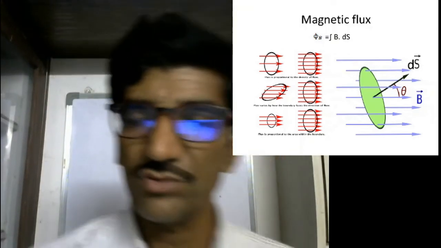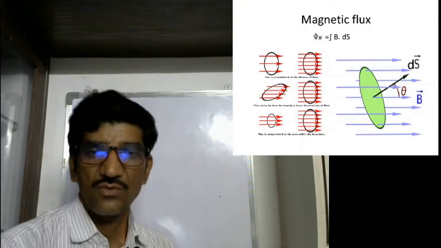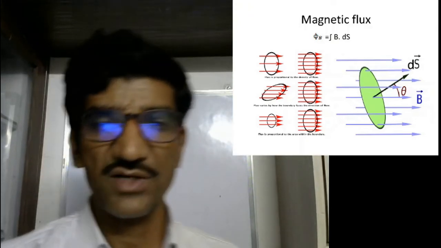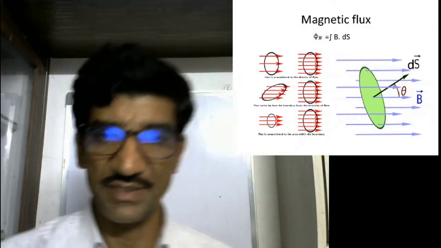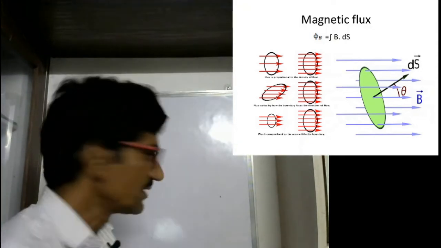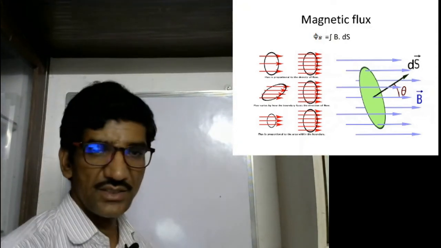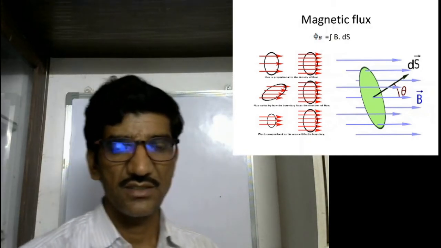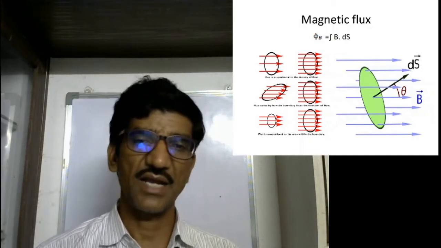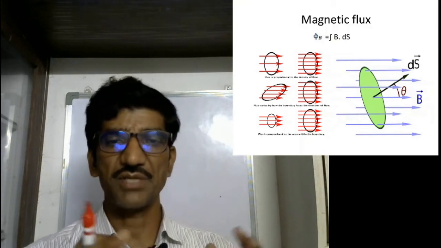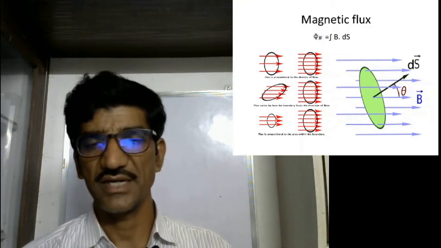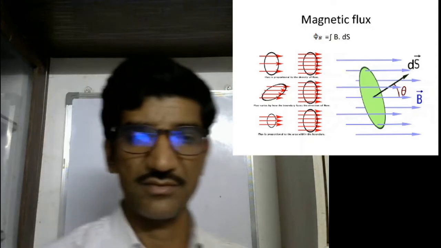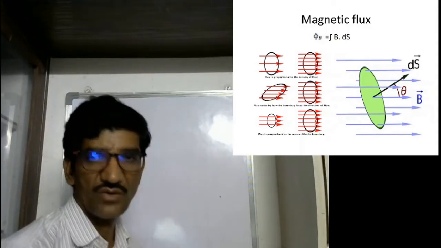Now, we have to see on what factors this magnetic flux depends. What is flux? Magnetic flux means the magnetic field lines passing through some particular area inside the magnetic field.